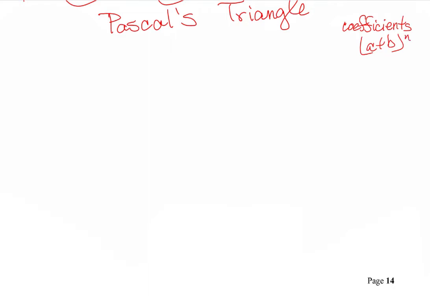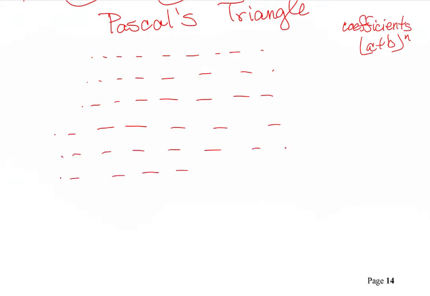All right? So if I have, and I'm going to make little rows on my board here. If this were a plus b to the 0 power, anything to the 0 power is 1. If I had a plus b to the first power, then my coefficients are 1 and 1.